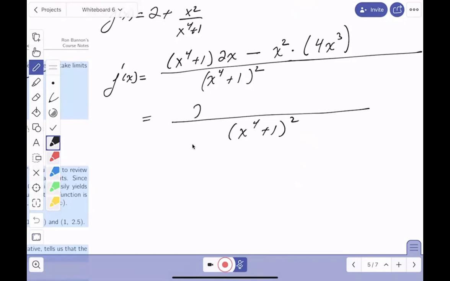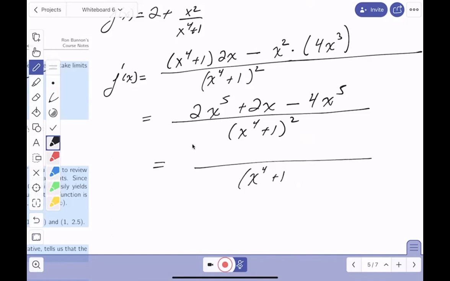What do you get over here? 2x^5 plus 2x minus 4x^5. Well, let me keep writing this down. Again, we'll look at their answer in a second. What do you get over there? You would get minus 2x^5 plus 2x.